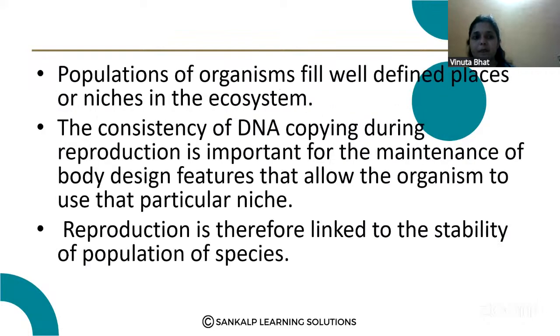Here, populations of organisms fill well defined places or niches in the ecosystem, and the consistency of DNA copying during reproduction is important for the maintenance of the body design features that allow the organism to use that particular niche. So reproduction is therefore linked to the stability of the population of species.